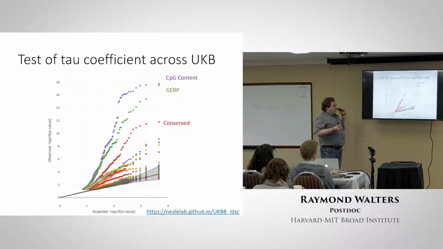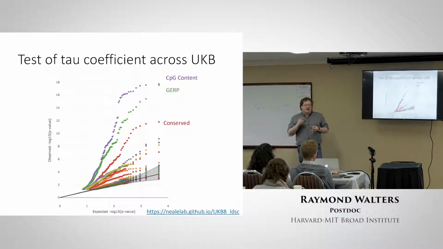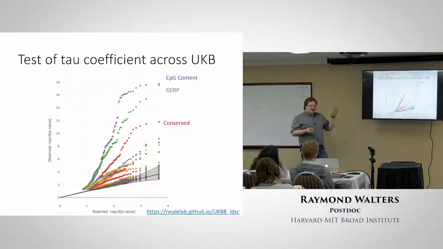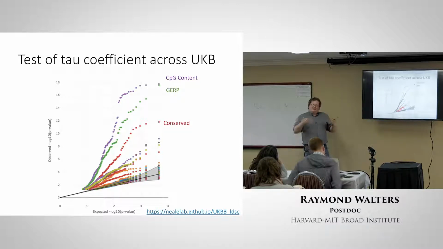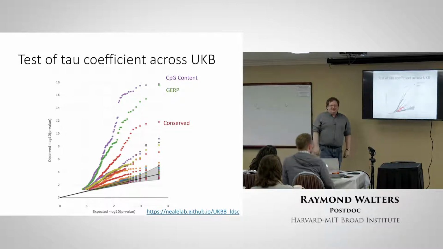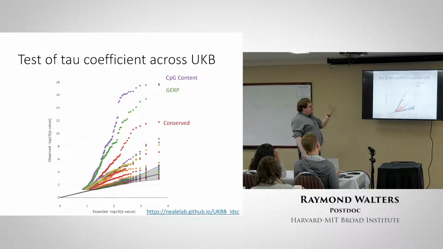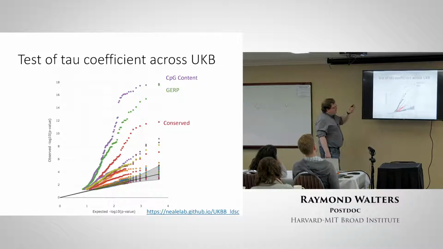And so what we see is strong signal of enrichment in many of the different categories out of this model, but the things that pop out most strongly and most reliably are the CpG content measure, this GERP score measure that has to do with predicted deleteriousness of a mutation at that site, and this conservation measure, as things that are very consistently, across many of the traits measured in UK Biobank, punching above their weight in terms of contribution to heritability, SNP heritability per variant. And this is based on looking at the tau, so this is conditional on everything else.